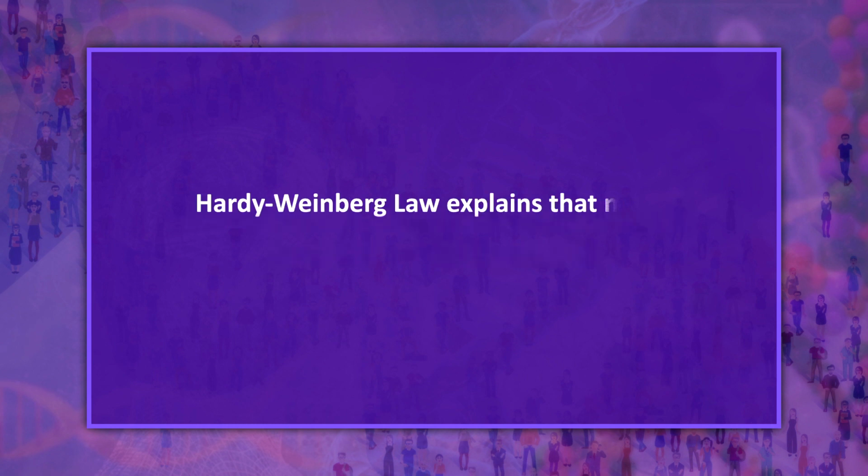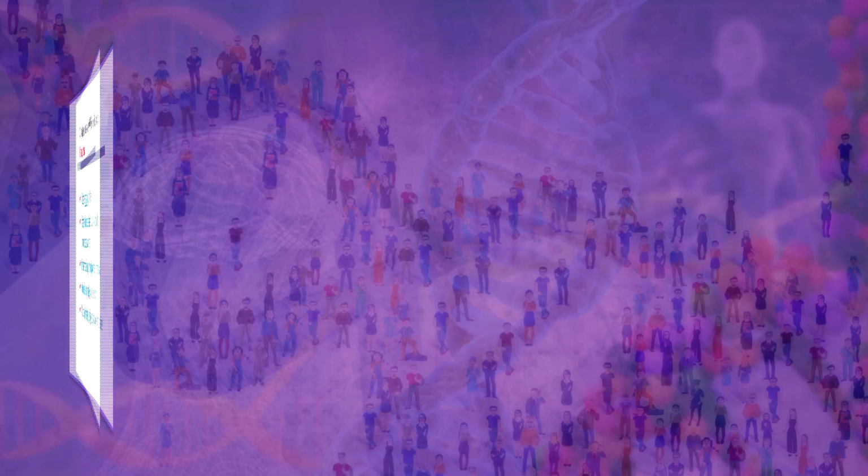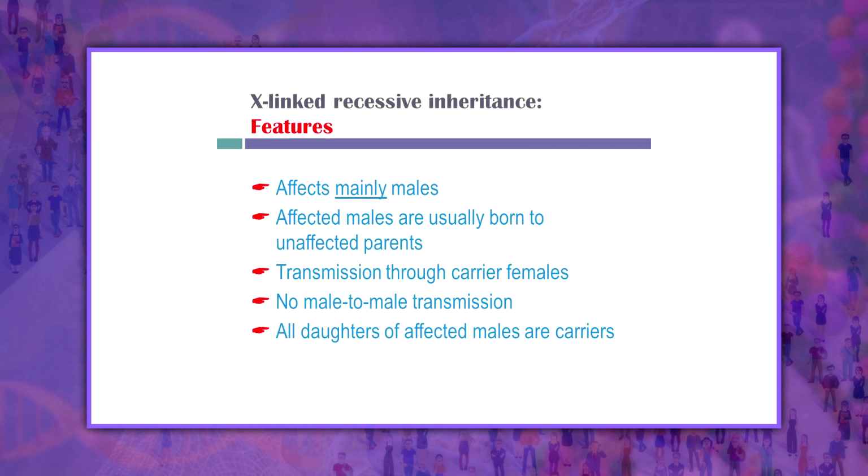Thus, the Hardy-Weinberg law explains that males would be affected 100 times more frequently than females. This is actually what is observed. Males are more affected by sex-linked recessive traits than females. The difference between the sexes is even more pronounced if the recessive allele is still more rare.